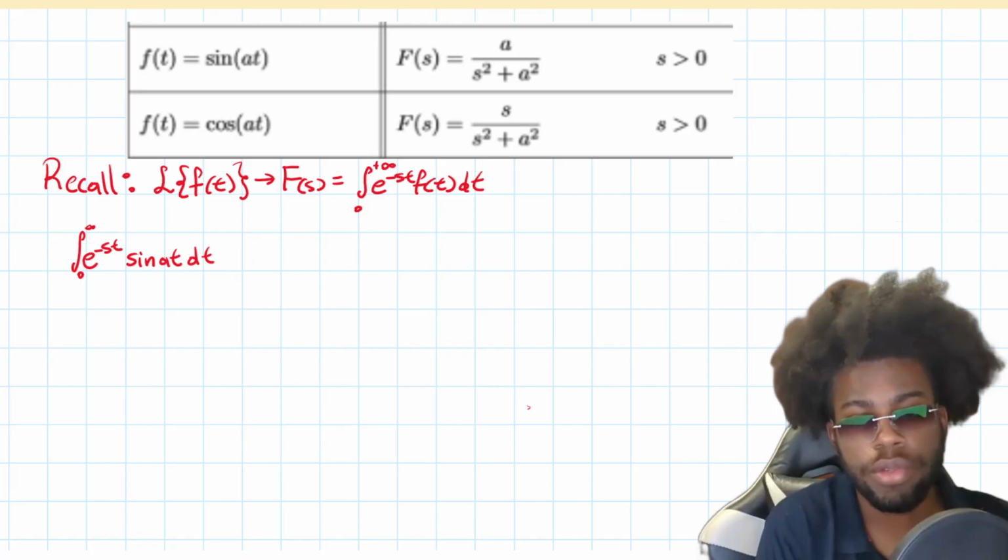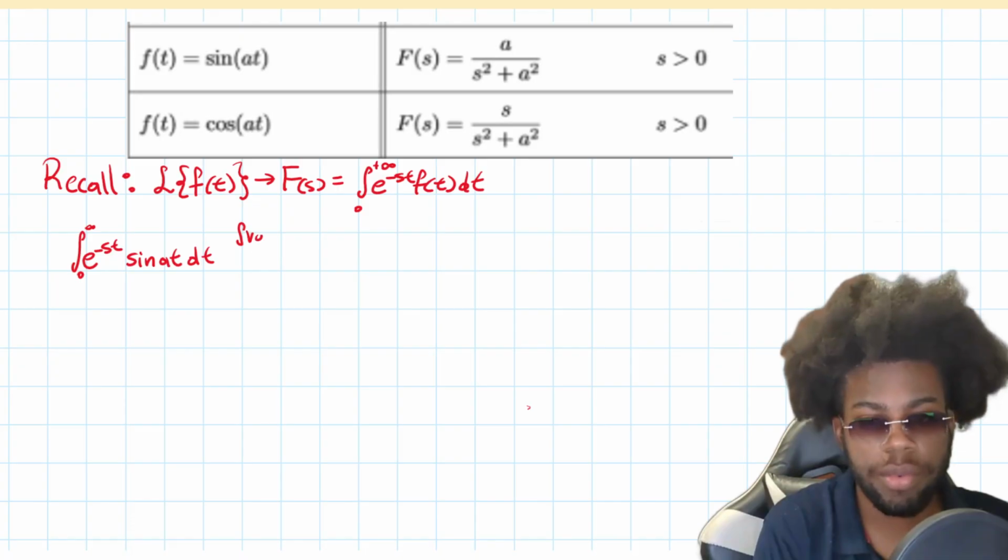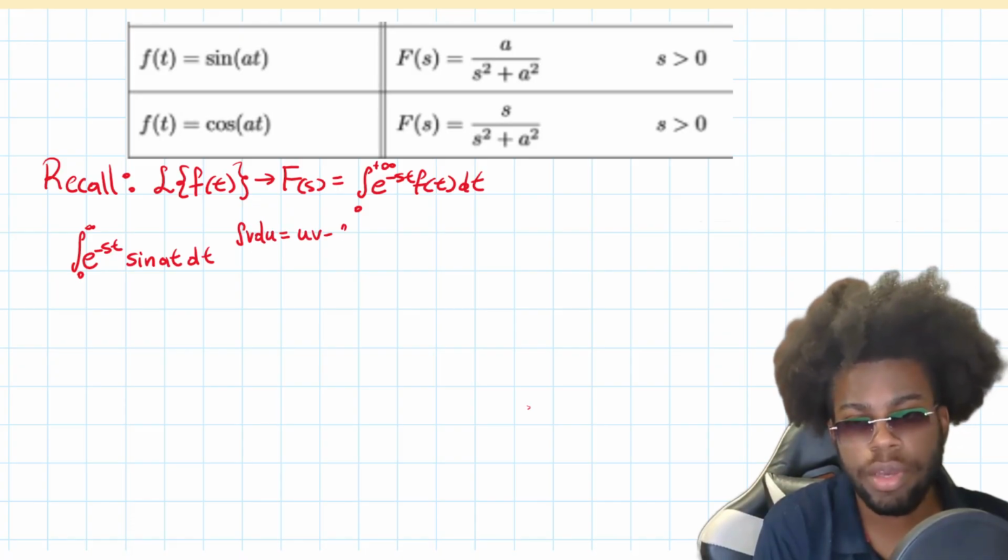Of course, we have two functions of t being multiplied by each other, so we're going to use an integration by parts approach, where we say the integral of v du is equal to uv minus the integral of u dv.